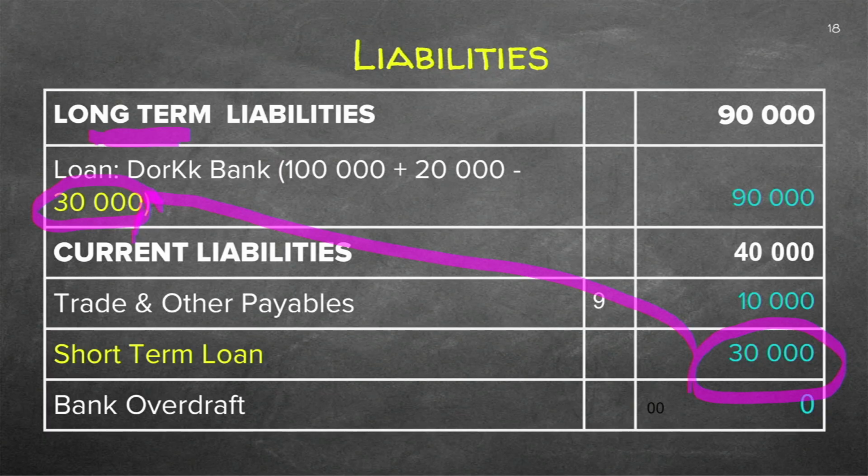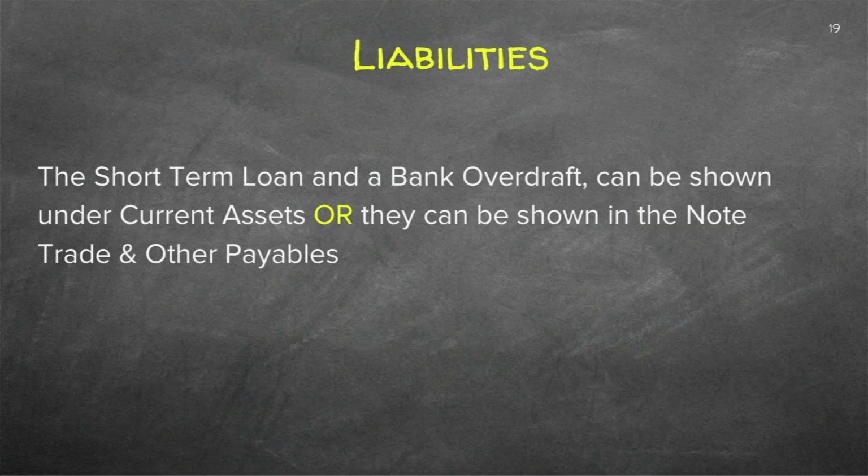This short-term loan can be shown in current liabilities as a separate item, or alternatively, it can also be shown as part of trade and other payables. But again, I'm sure that you do know that. So, liabilities. The short-term loan and a bank overdraft can be under current liabilities, or they can be shown in the note.